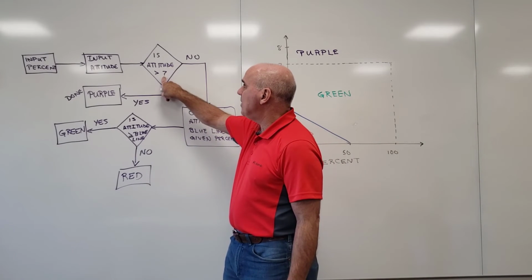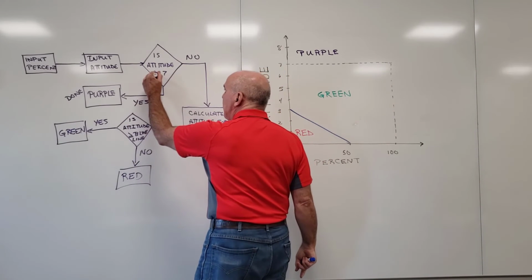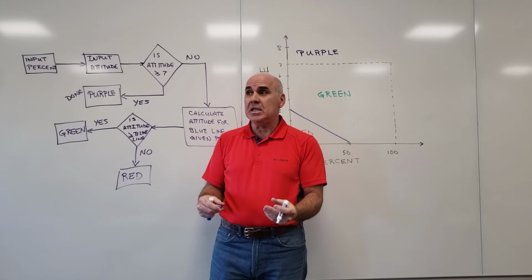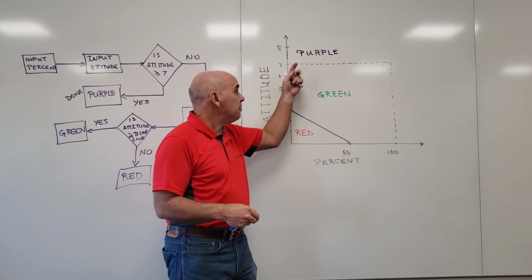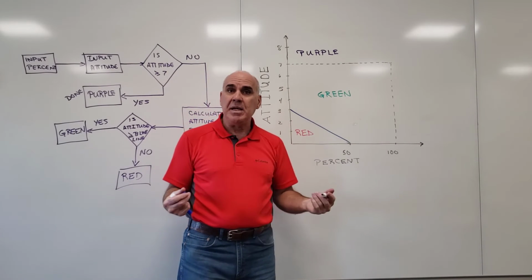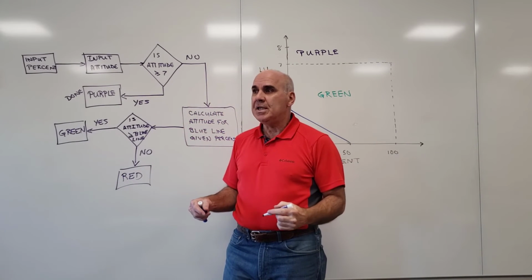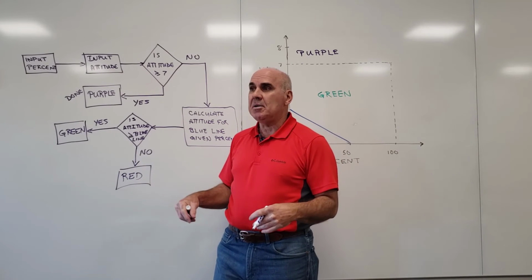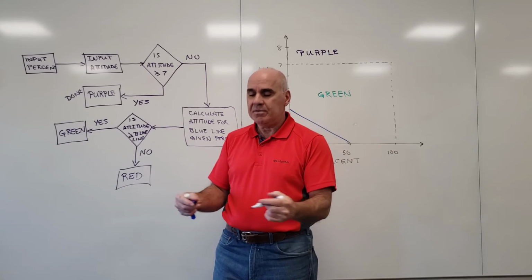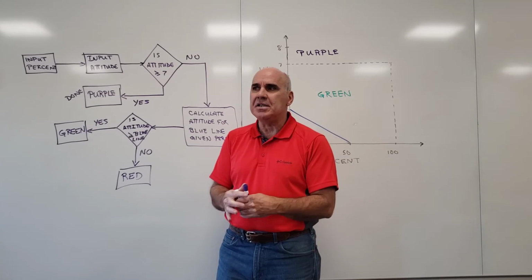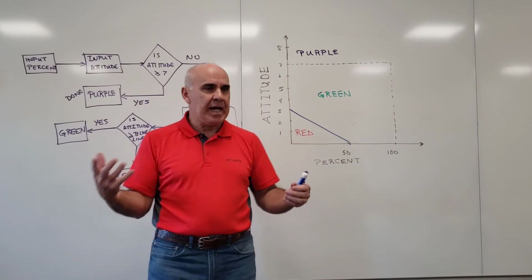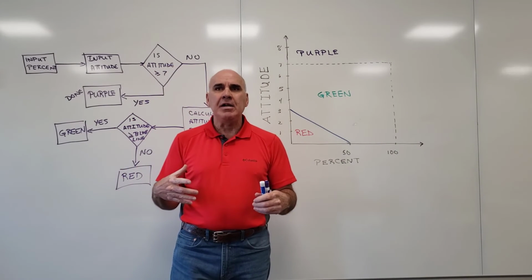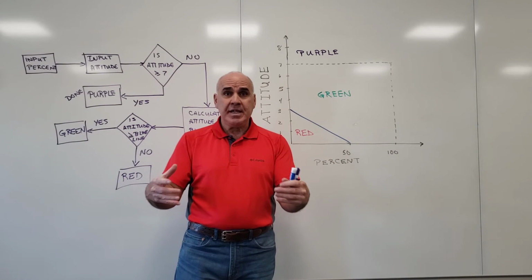Same thing with the 7. Maybe I should say, is the attitude greater than or equal to 7? And I can do something where, if it's on the line, then I'm neither purple nor green nor red. So I can make those kinds of statements as well. If none of these are yes, or if they're on the line exactly, then I make it a none of the above, and I have to write that in. We've got all of these if-then statements again.